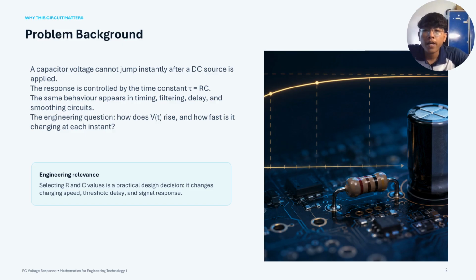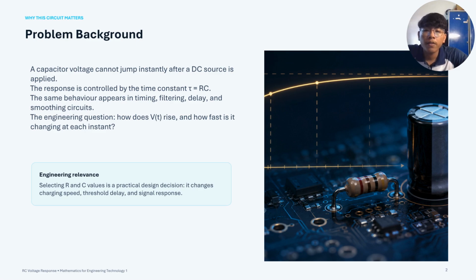Okay, now let's look at the problem background. In a real engineering application, RC circuits may seem simple, but they are used in many electronic systems such as timers, filters, delay circuits, and signal smoothing circuits. One important characteristic is that the capacitor voltage cannot change instantly when a DC voltage is applied. Instead, it increases gradually over time.